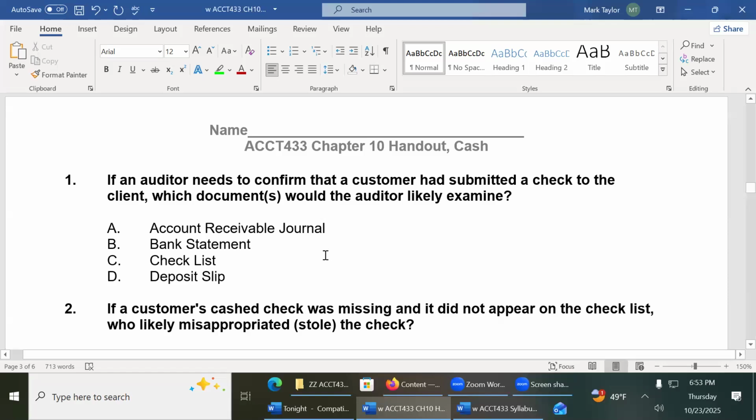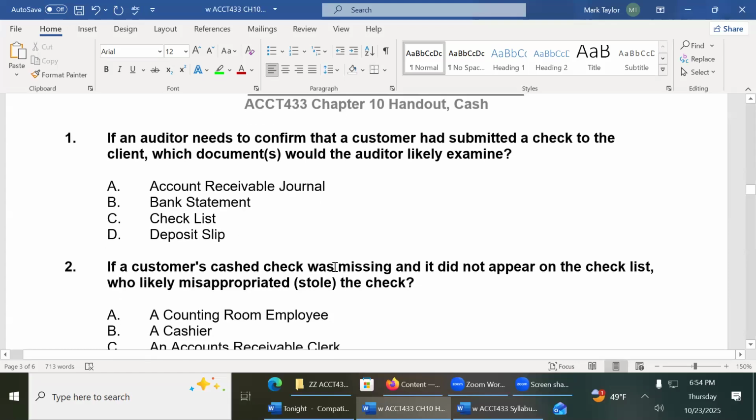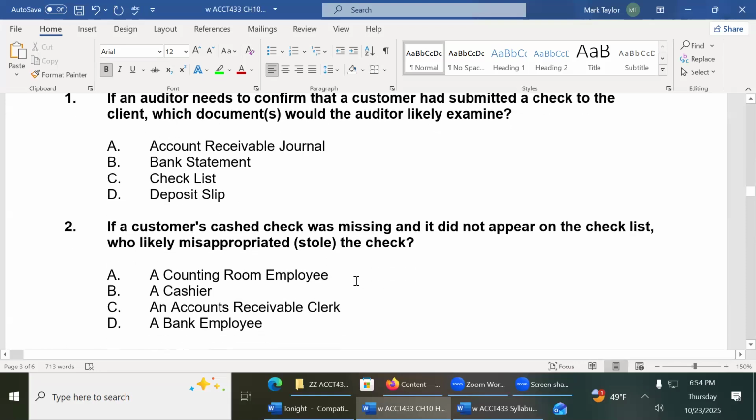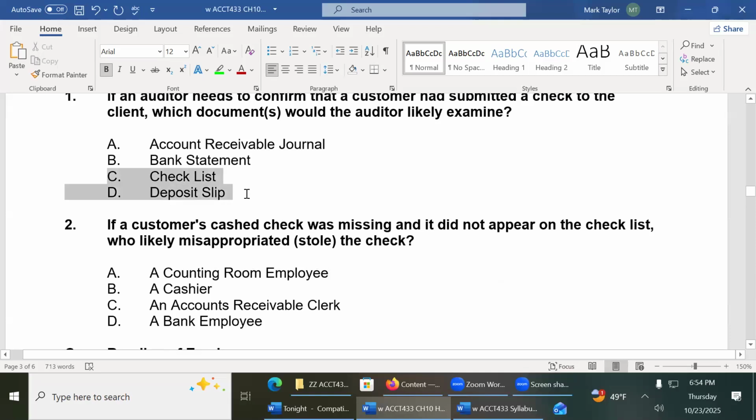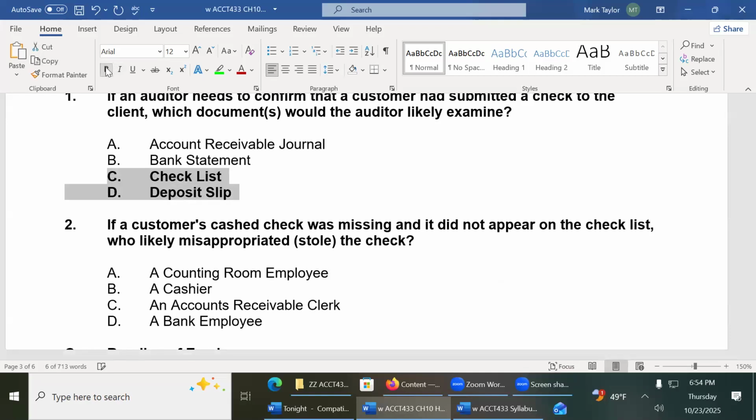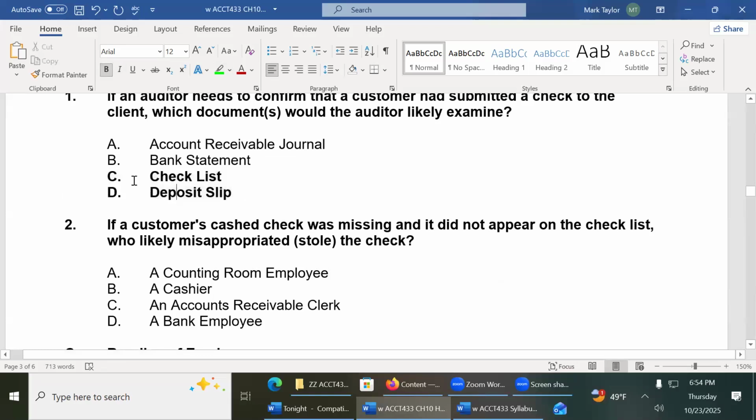There's actually two of them: the checklist and the deposit slip.